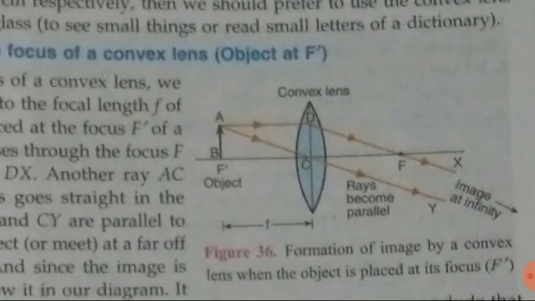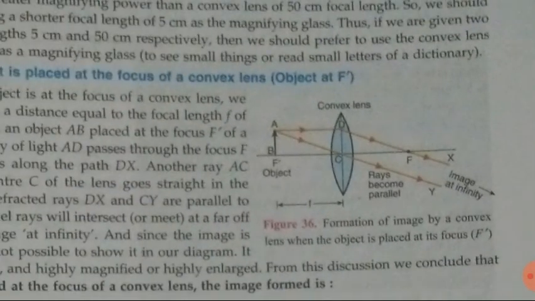So that time again you can see that two rays are coming out from point A. One ray AD is parallel to principal axis, so after refraction it will pass through focus. Another ray AC is passing through optical center, so it will not refract, but it will follow the same path, a straight line path, okay.